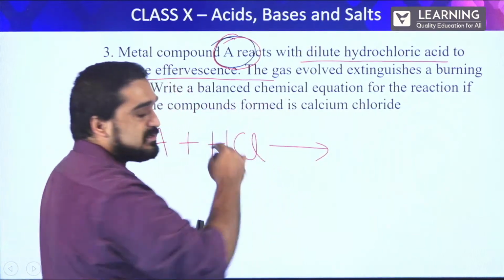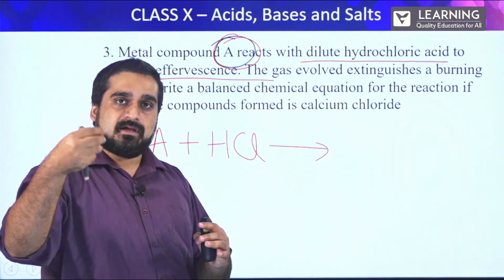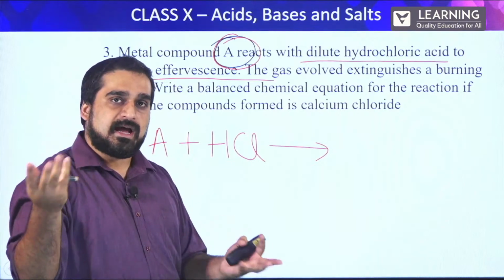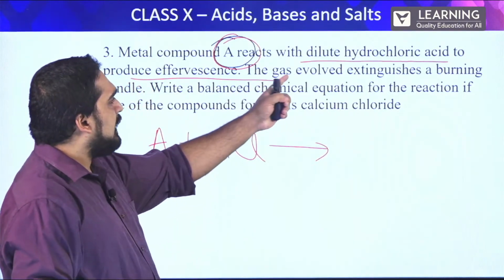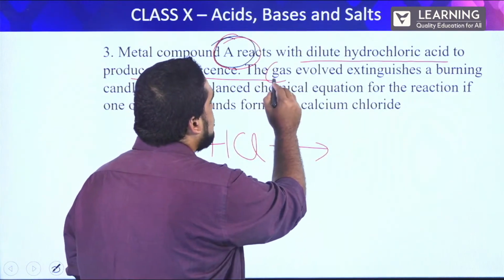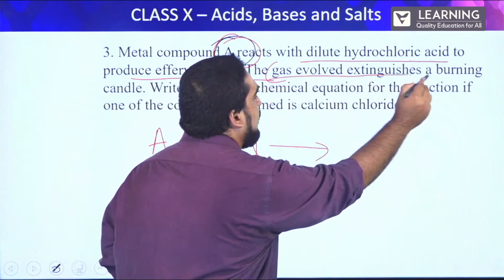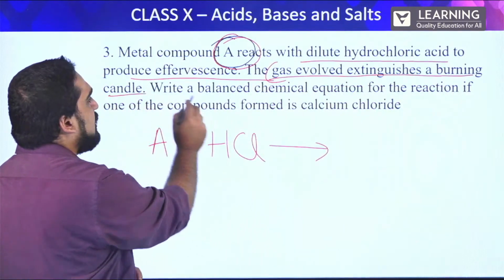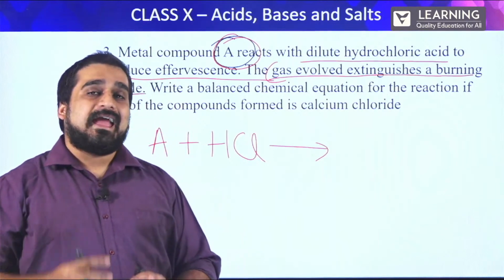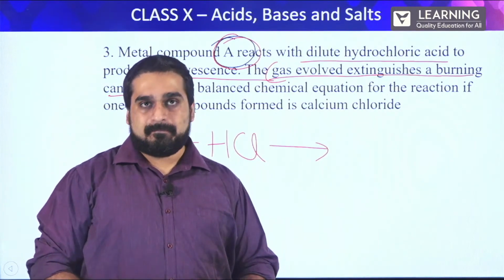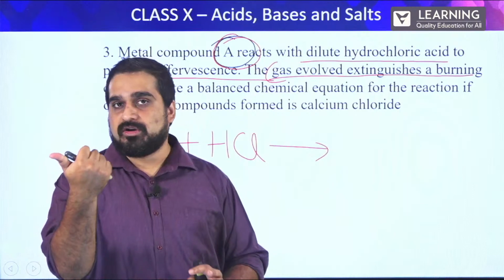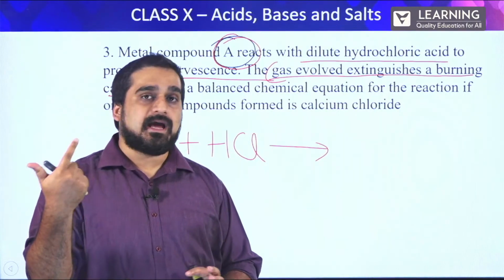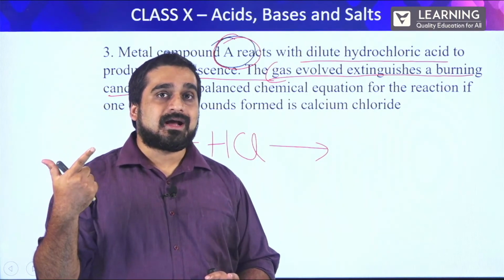Effervescence is nothing but bubbles that are liberated which have gas in them, all right. The gas evolved, this important statement, the gas evolved extinguishes a burning candle. What can extinguish a fire? One is water, yes, and the other is carbon dioxide.